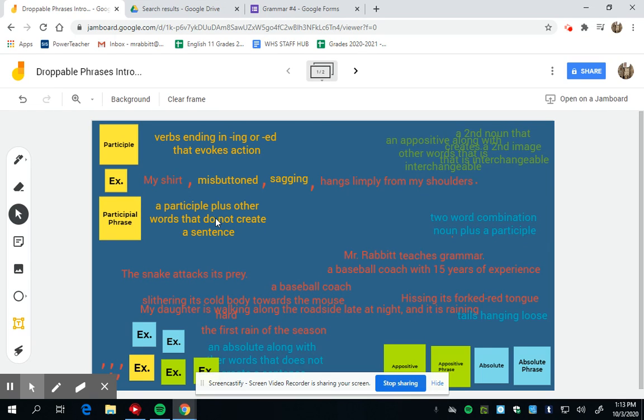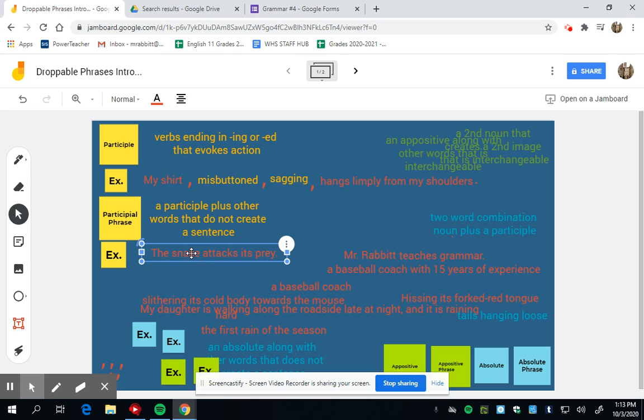So we got to be careful that we're not creating 2 sentences because we would need to separate those with a comma fanboys in order to do it correctly. So let's provide an example of this one, right? Let's put the example right here. And here's our sentence, right?